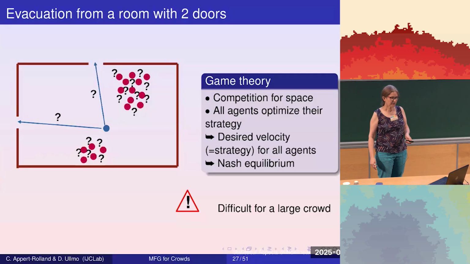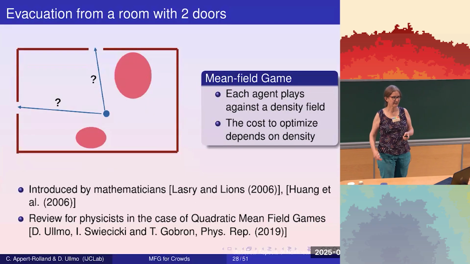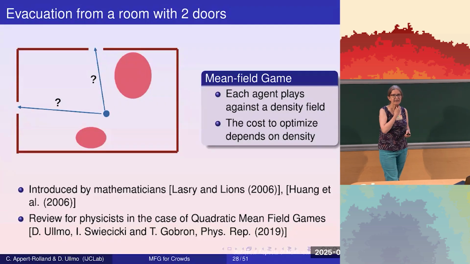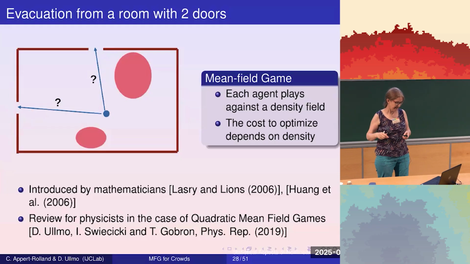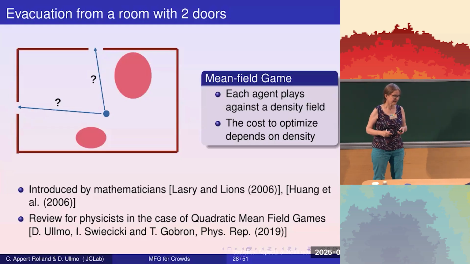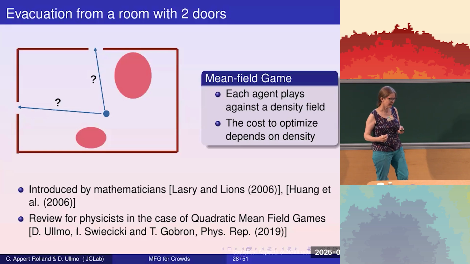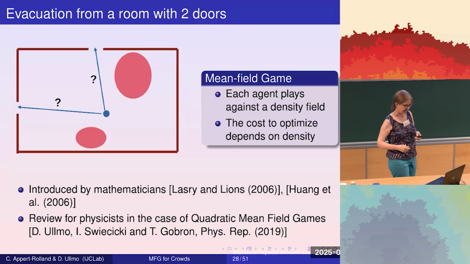So actually what people have proposed is a mean field game. That is, you will replace the precise location of everybody by a density field. So it's like a reduced information that you have on others. This means in practice that the cost that you will optimize will depend on density.